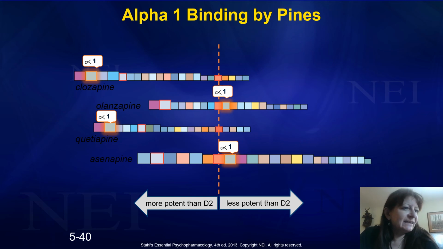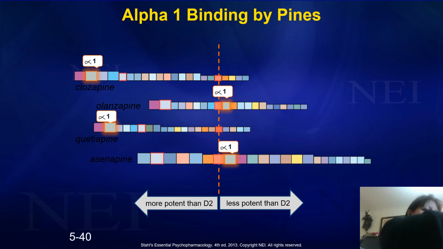Of the penes, clozapine, olanzapine, and quetiapine do have a strong potency for H1 and M1. Asenapine has a decreased affinity for H1 and a decreased affinity for M1. Of the dones, all have some potency for H1 receptors, but less than for the D2 receptors. And lurasidone does not bind to H1 or M1 at all. 2 pips and a rip, they all bind at H1, but with less potency than for D2, and they do not bind to M1.